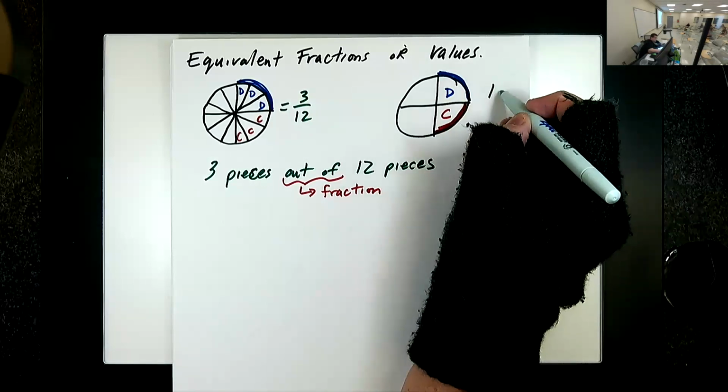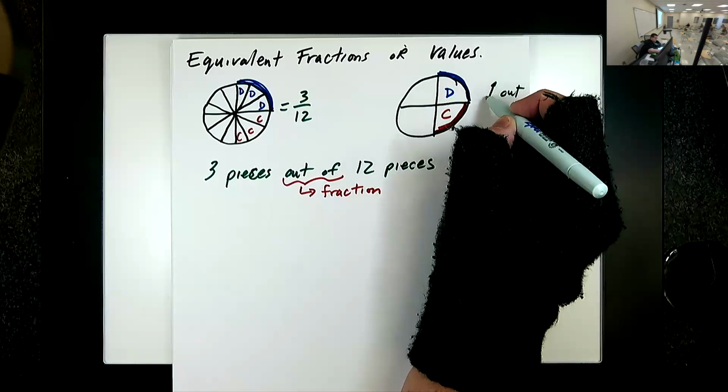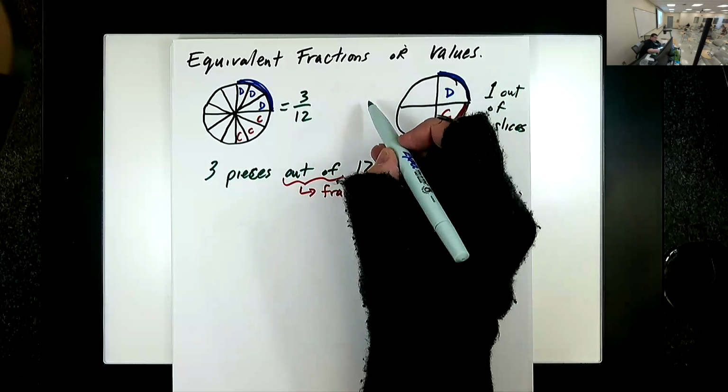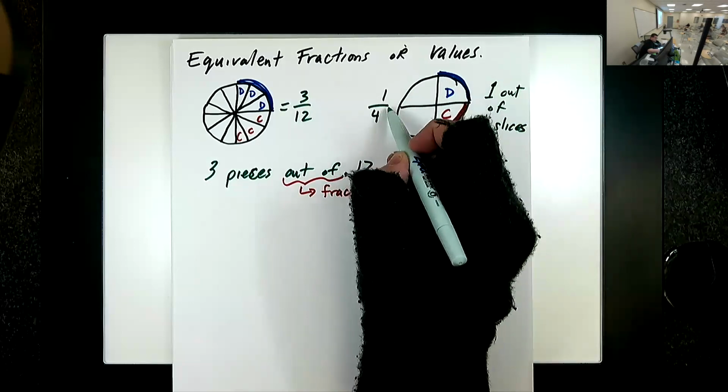Over here, we each had 1 out of 4 pieces, or 4 slices. So that as a fraction is 1 over 4.